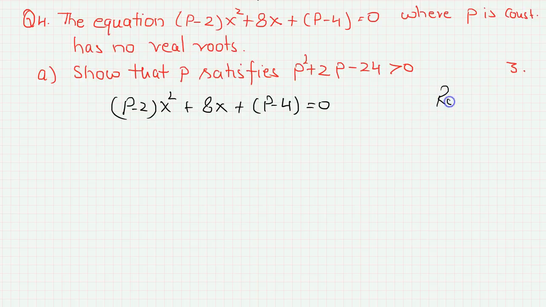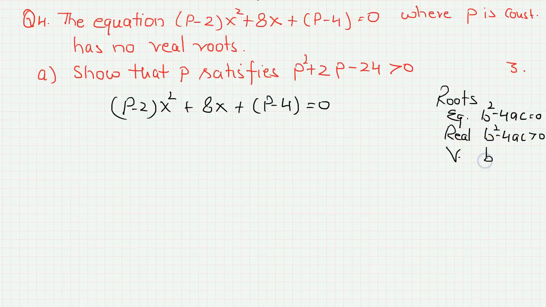Now we know for the roots, if equal roots, then the condition is b squared minus 4ac is 0. If real roots, then b squared minus 4ac is greater than 0. If imaginary roots, then b squared minus 4ac is less than 0.